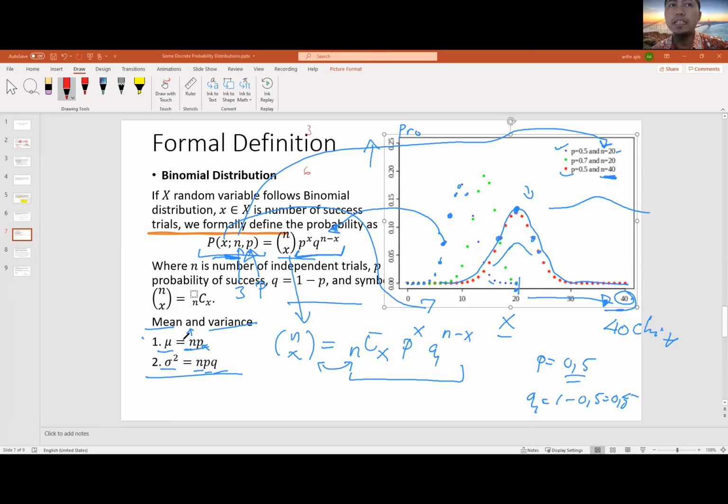So many times, questions will ask about the mean and variance of probability distributions. Ya karena sebuah random itu biasanya akan ditanya rata-ratanya berapa, kemudian tingkat variasinya dari datanya itu berapa. You can see, for example, in the distribution of grading.